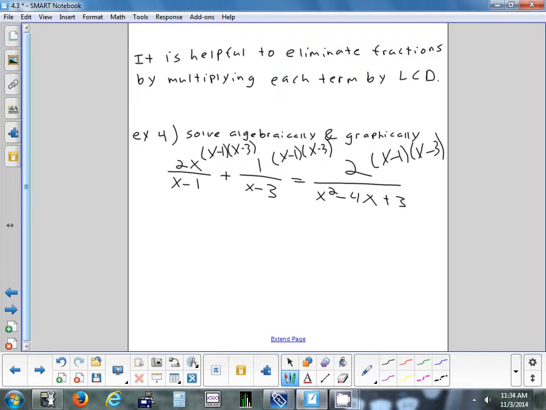Did we multiply by something that contained a variable? Yep. So if we multiply by something that has a variable, what do I have to check for? If we multiply both sides of an expression by something containing a variable, what do we have to check for?